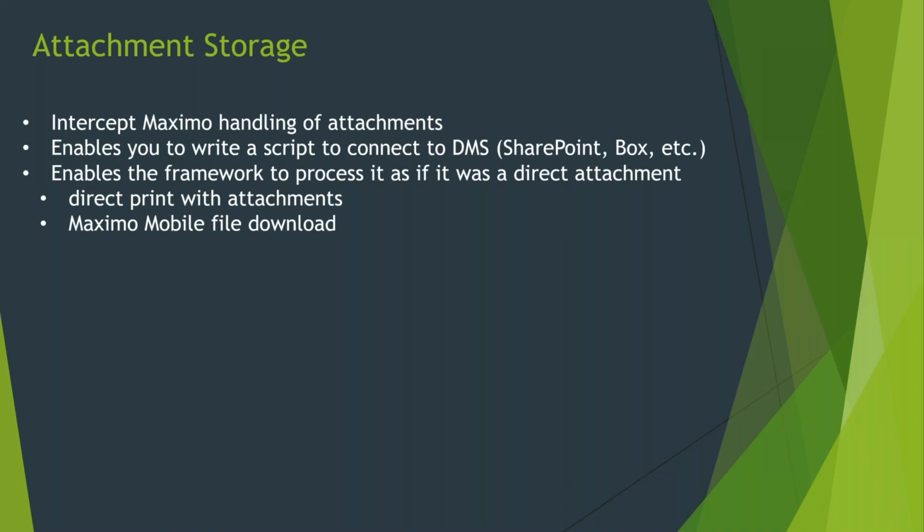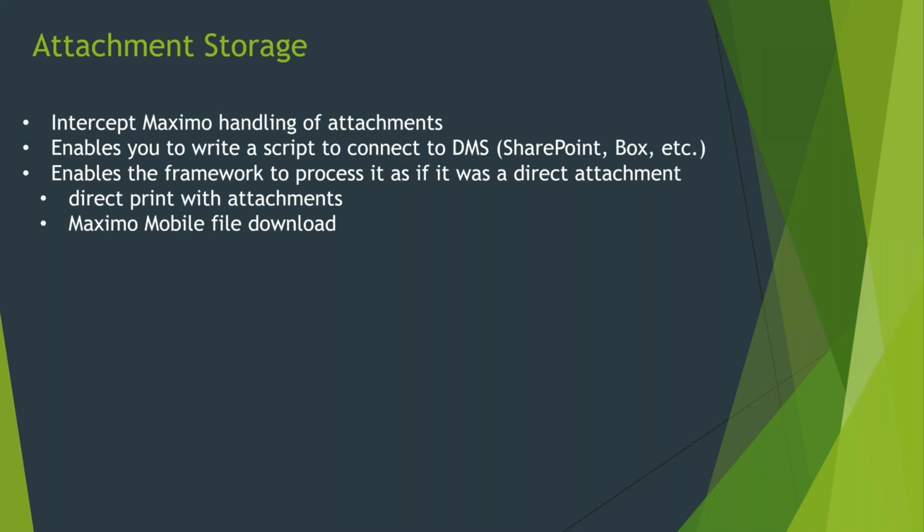So what you can do is write your own automation script to handle how to interact with that document management system, how to write a new file to it, how to retrieve a file from it, etc. And then as part of that, you can use all of that core functionality that we have just as if it was a local file. So you kind of get the best of both worlds.